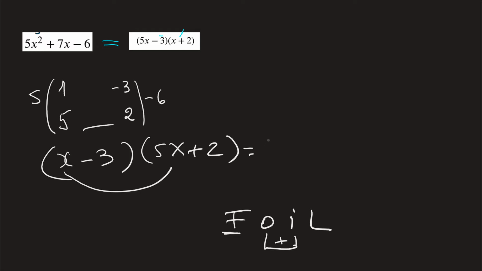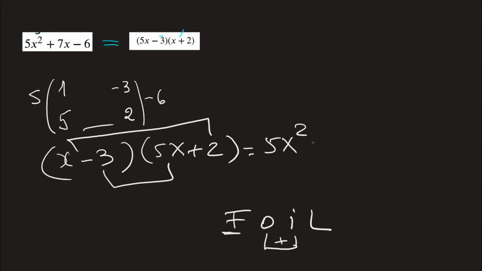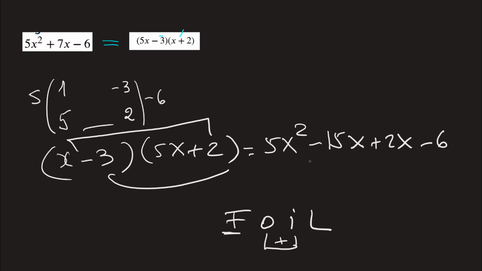Check. This is 5x squared, inner plus outer, minus 15x plus 2x, and then last, minus 6. This is wrong because you get 5x squared minus 13x minus 6.